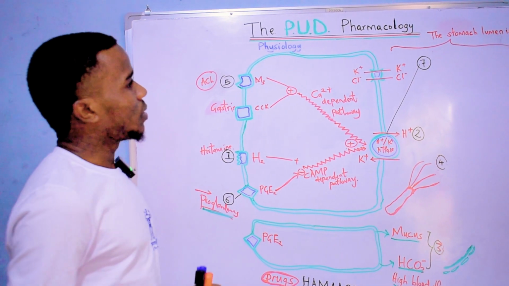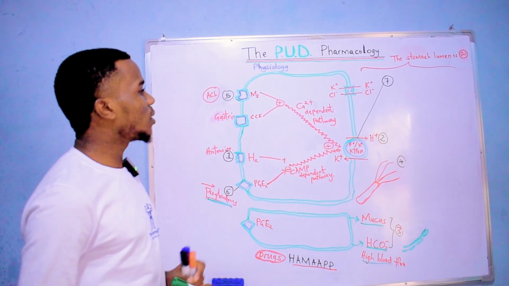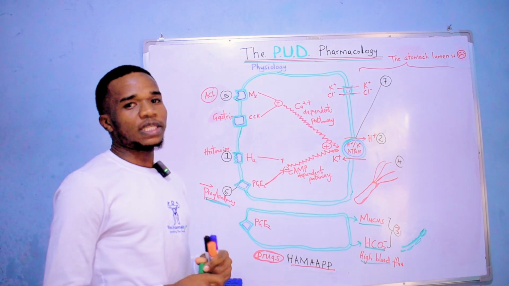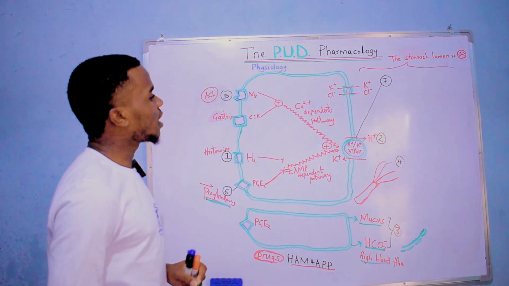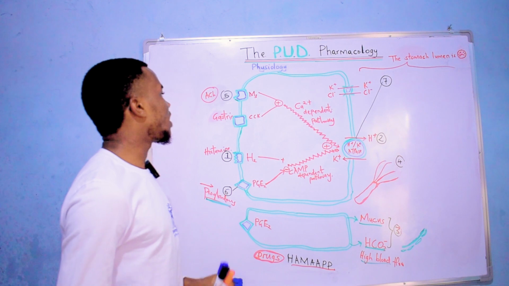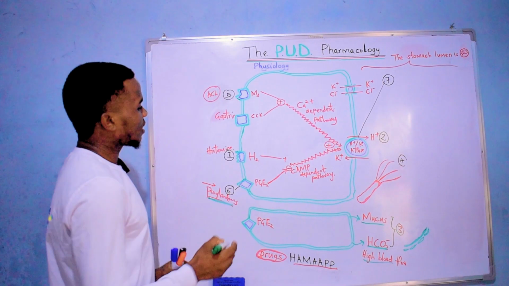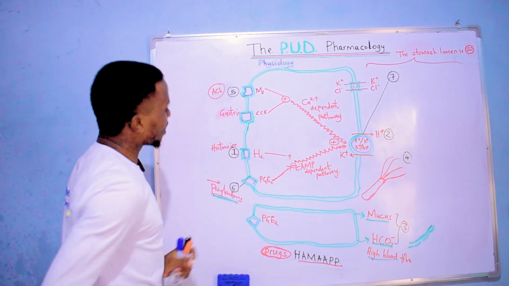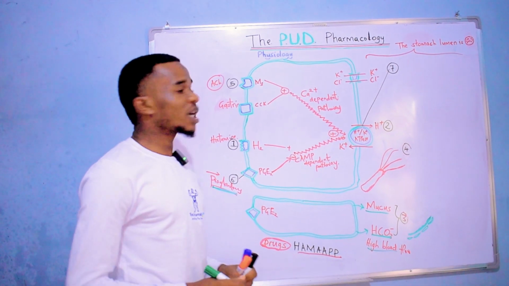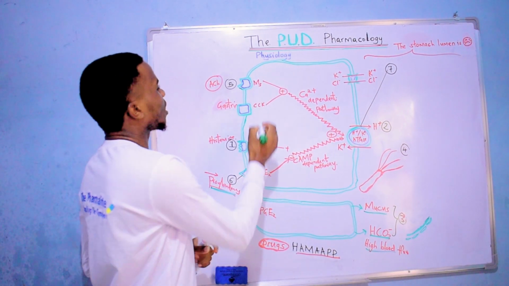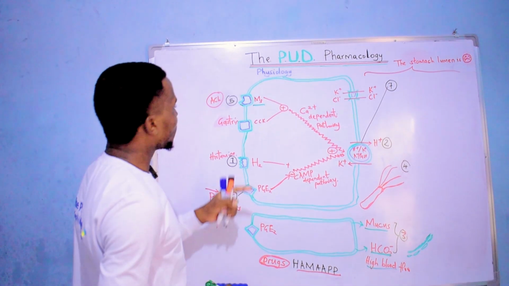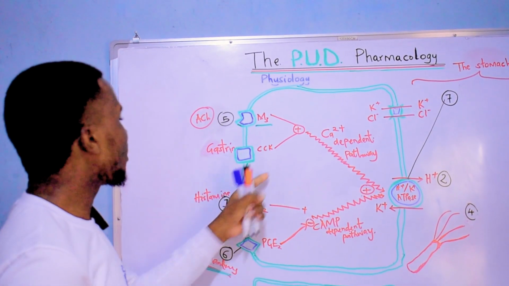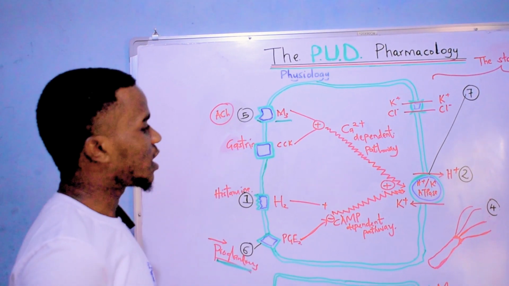I want us to discuss the physiology, the normal production of acid in the stomach lining. There are three main receptors involved in the production of the acid: the muscarinic receptor, the cholecystokinin receptor, and the H2 receptors.